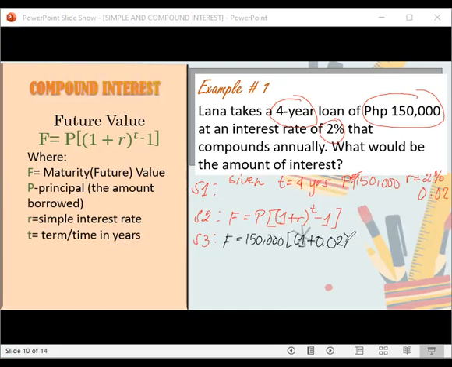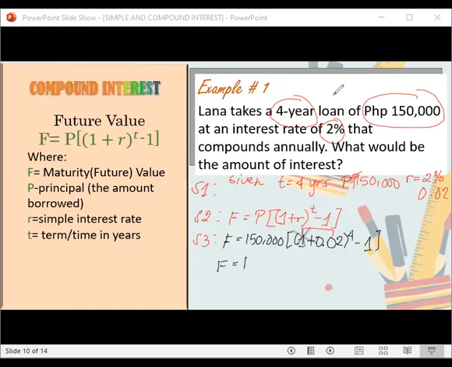Raised to time, ano ba yung time? 4 years. Minus 1. So, using GEMDAS, syempre, yung nasa loob ng bracket. Ay, ito po. Ito yung una nating isosolve.